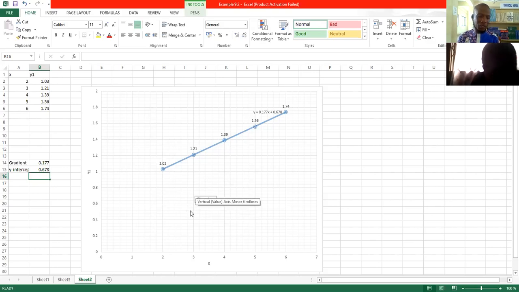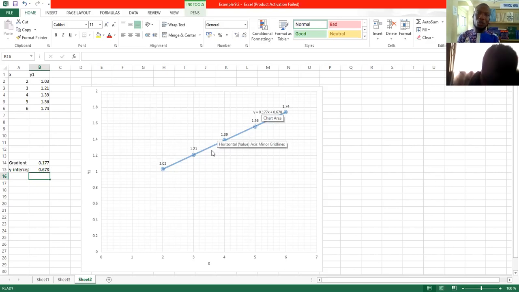So that's the first point. And then I'm using the second to last point, where x is 5 and y1 is 1.56.